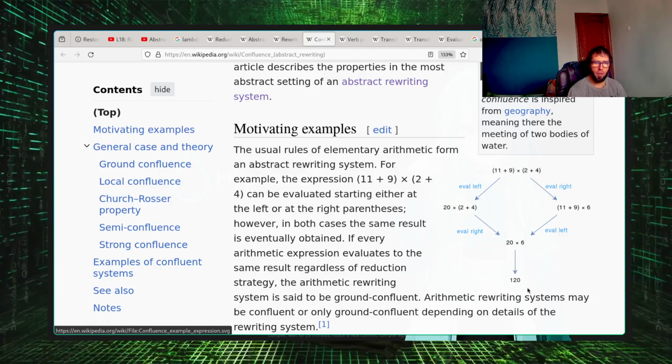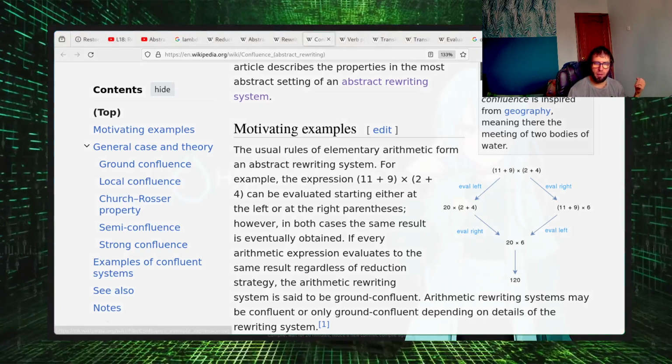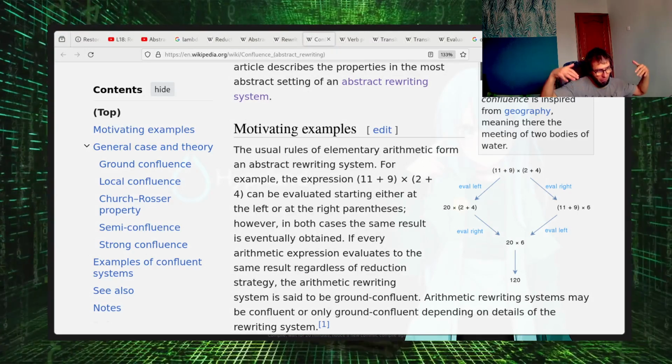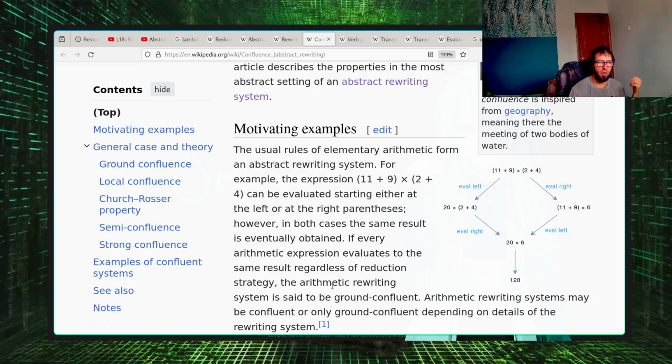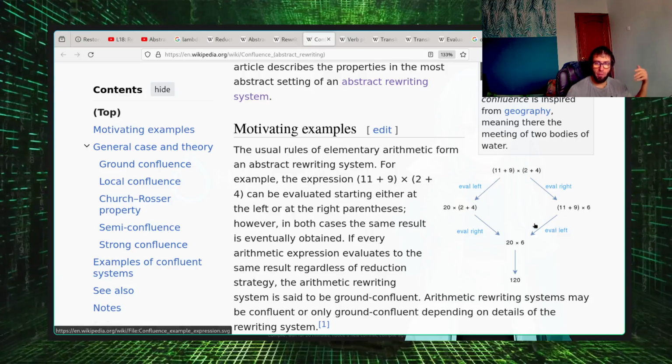So actually here, this number can be represented with different expressions, but when we evaluate them, they all confluence into one number. Arithmetic expressions evaluate to the same result regardless of the reduction strategy. Here we used two different strategies, but they go to the same result.